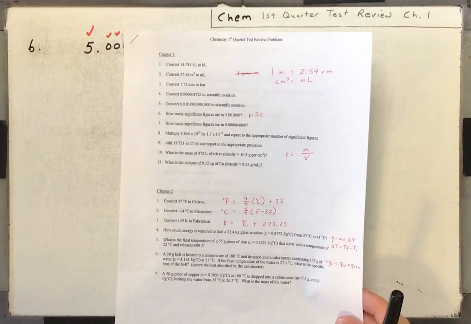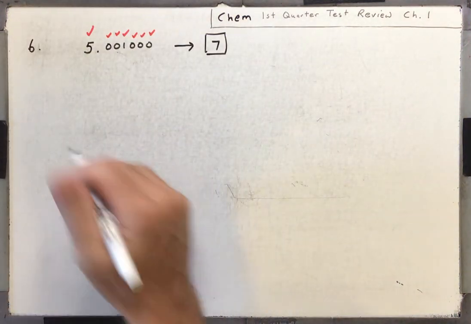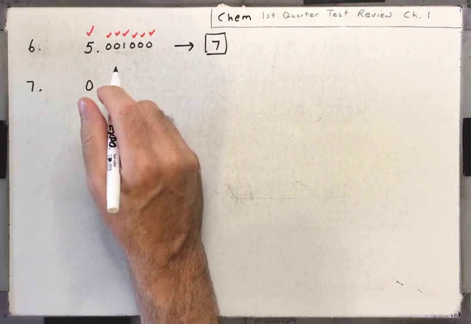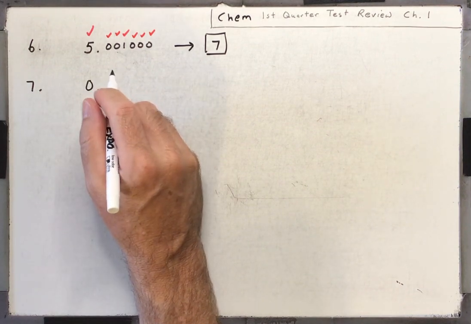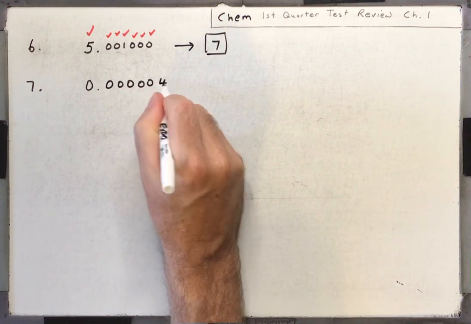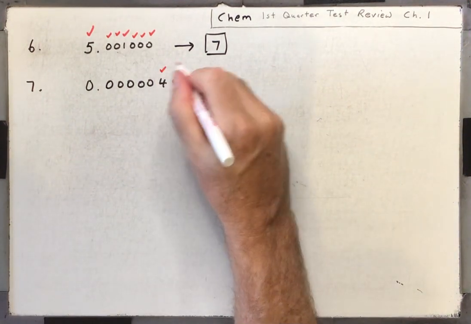Okay, how about the next one? How many are in point, so number 7, we have point 1, 2, 3, 4, 5, and 4,800. Okay, we know the 4 and the 8. Those two are easy.